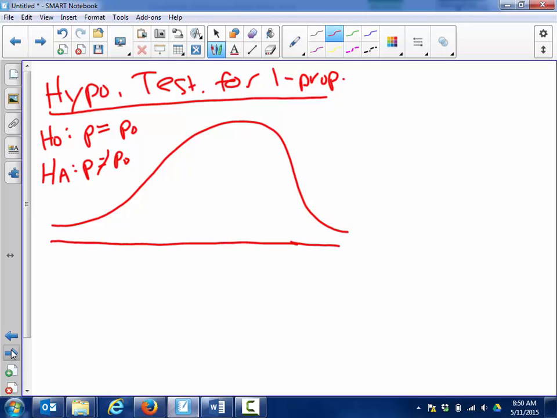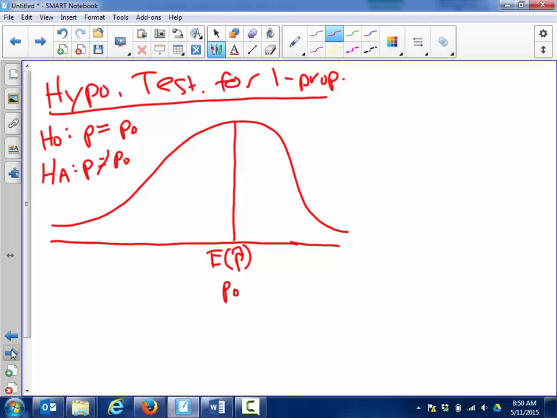I don't really care what the alternative is here. I'm more interested in showing you how the null affects the bell curve. The expected value of a sample proportion on this bell curve comes from your null hypothesis. Remember, that's your assumption of innocence, so to speak, if you think about this as the courtroom of law.